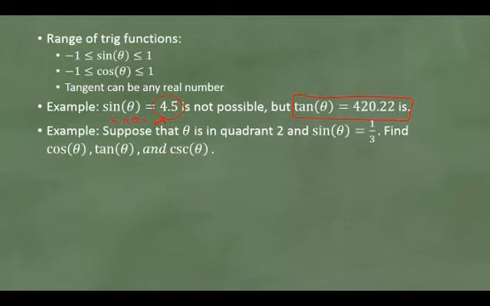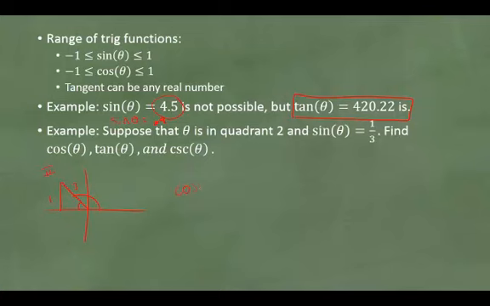So suppose that theta is in quadrant 2. So I'm going to draw this out already. In quadrant 2, there's theta. And sine of theta is 1/3. So let's say that's our triangle, and we have 1/3 for sine theta, y over r.